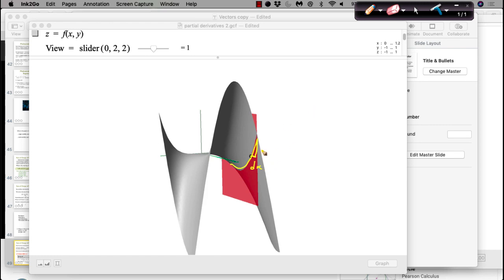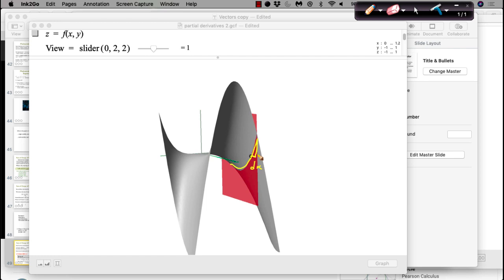Didn't we find that it was 2, right? So the change in z will be 2 times whatever the change in x is, holding that y constant. That's what that rate of change means. And you see that in the graph as positive, heading up at a ratio of change in z of 2 to 1. So for a change in x, z is going to go up twice as much. And it's positive, so it's heading up.